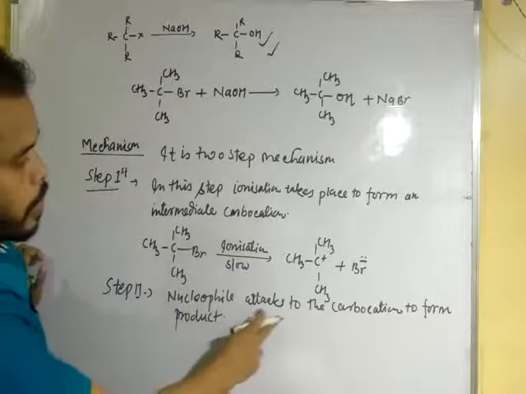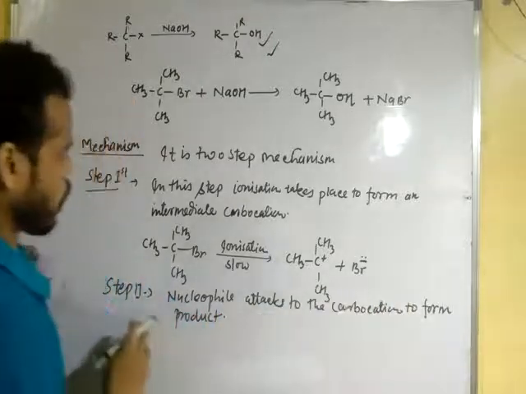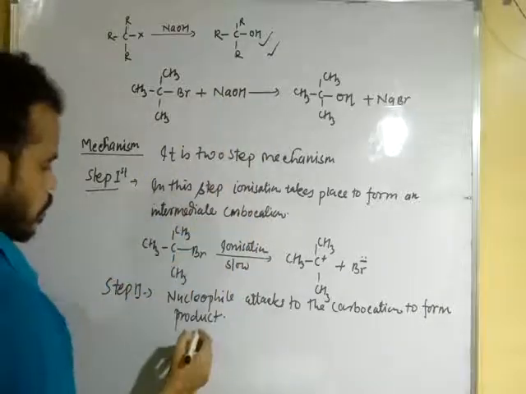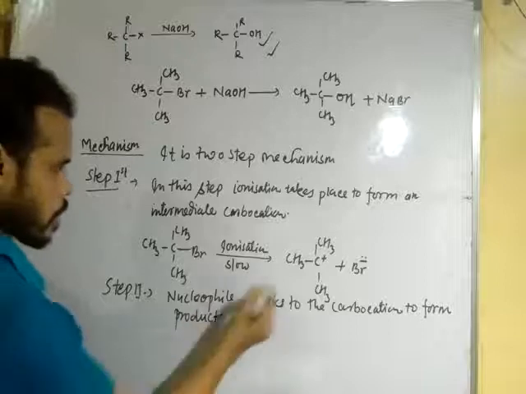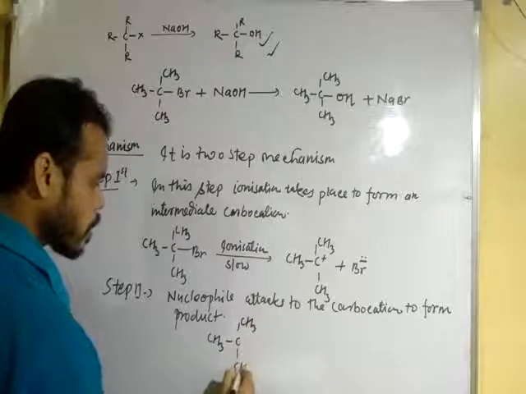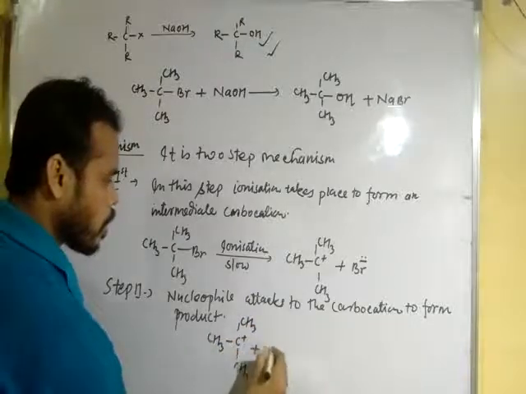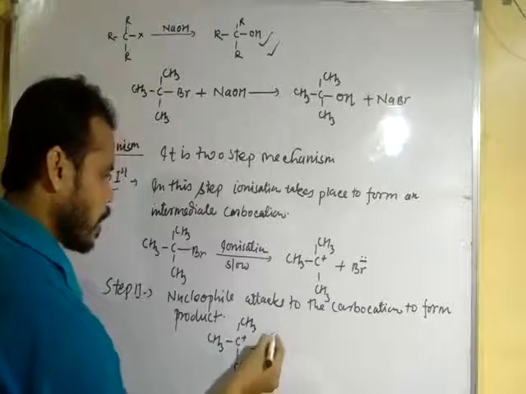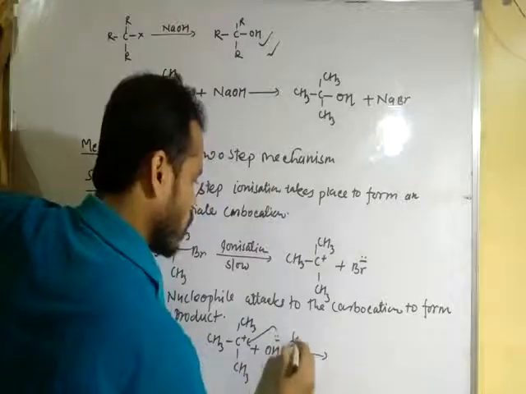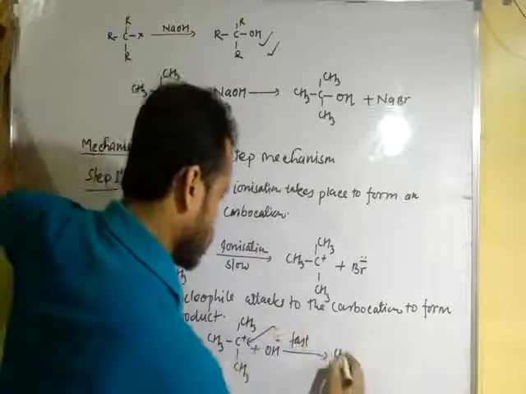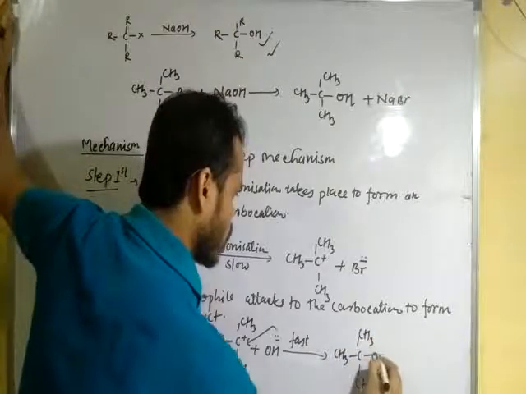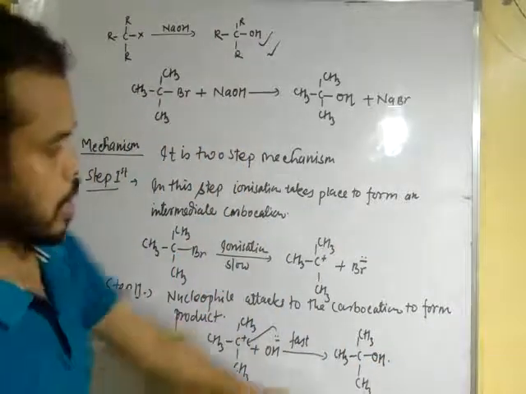In this step, the nucleophile attacks the carbocation to form the product. The nucleophile comes from NaOH: here CH3, CH3, CH3 positive and OH negative. It will attack the carbocation, which is very fast, and will form CH3, C, CH3, CH3 and OH. This is the product.